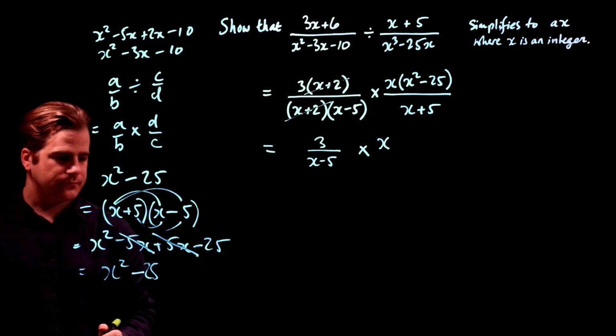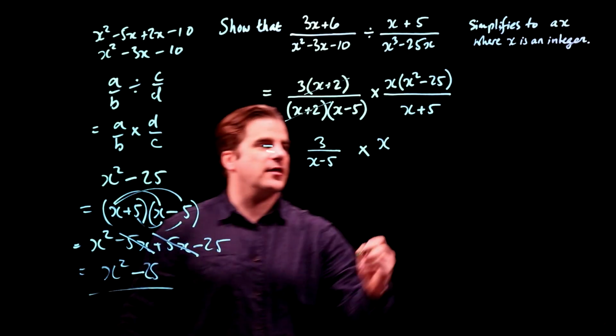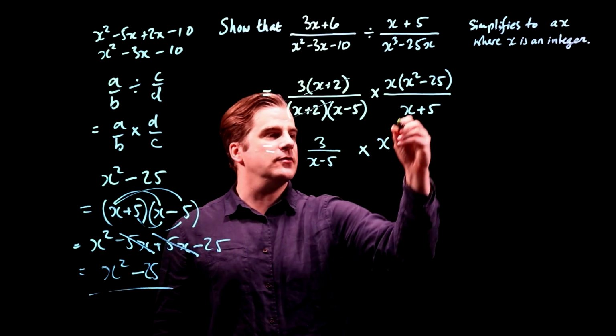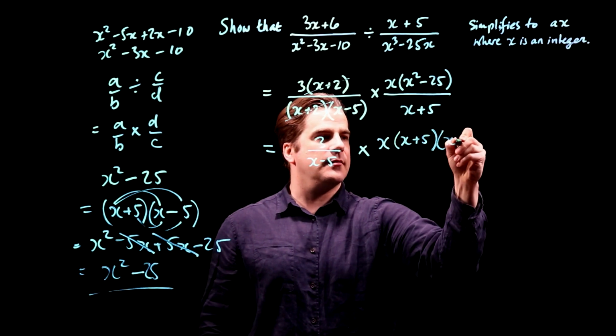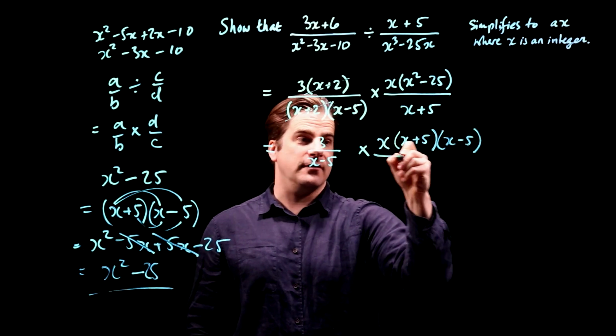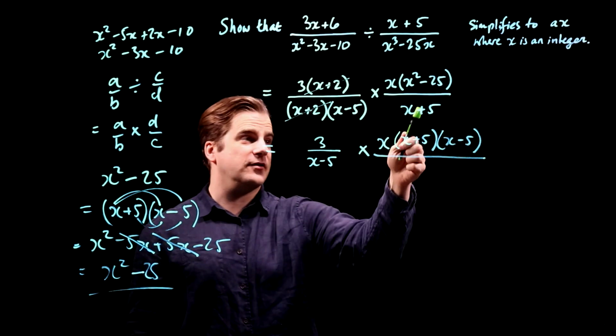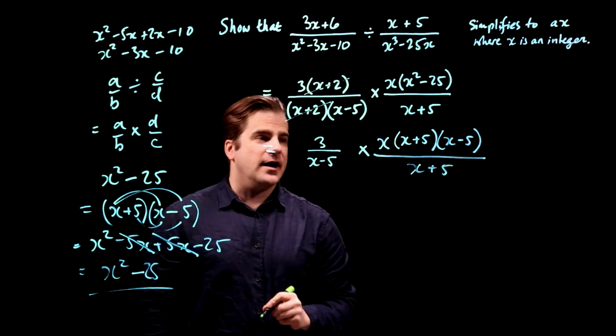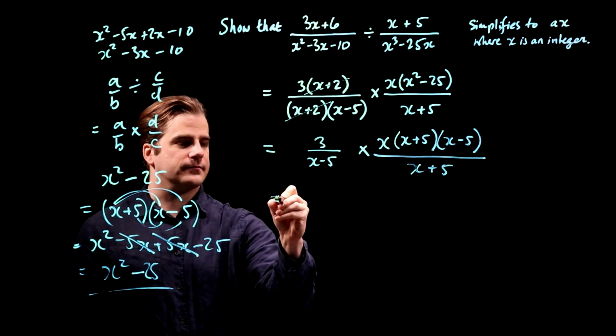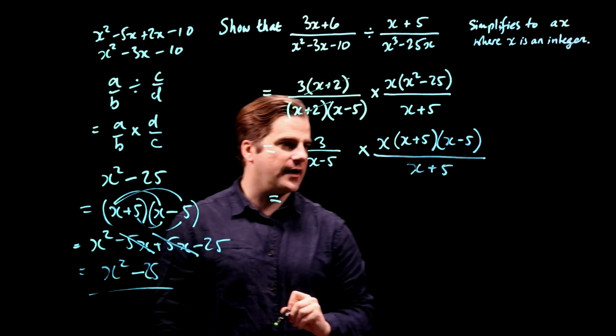Moving on. So that's x into x plus 5, x minus 5. And again, surprise, surprise, it's going to cancel with the x plus 5 on the bottom. Right, so let's do some cancelling.